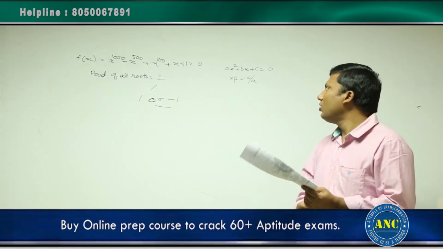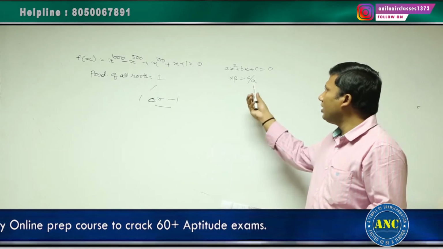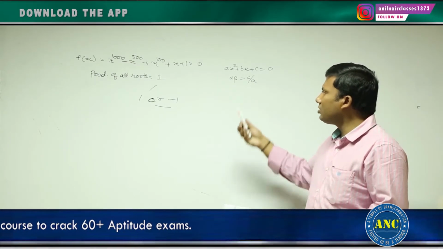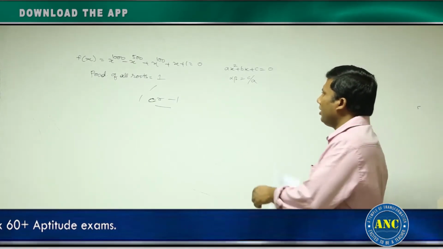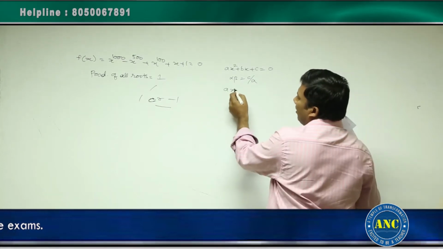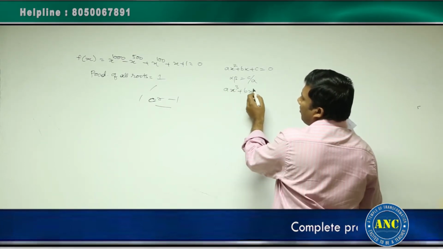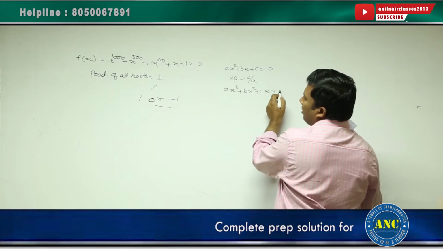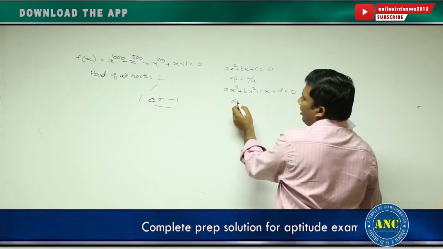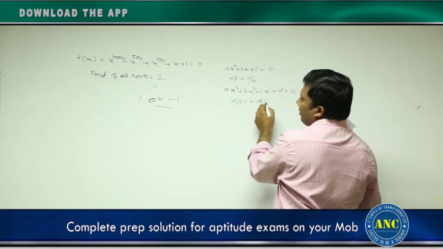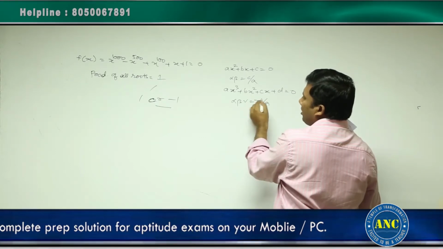Product of the roots? Here it all depends on the power. If it is an odd power, ax cube plus bx square plus cx plus d equivalent to 0, then alpha beta gamma is minus d by a.